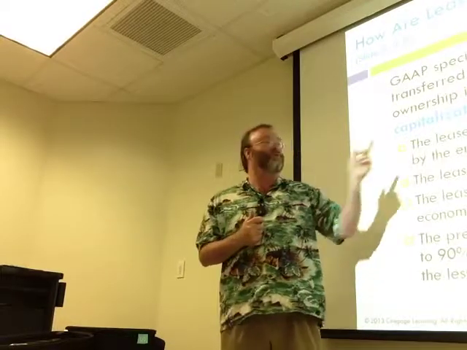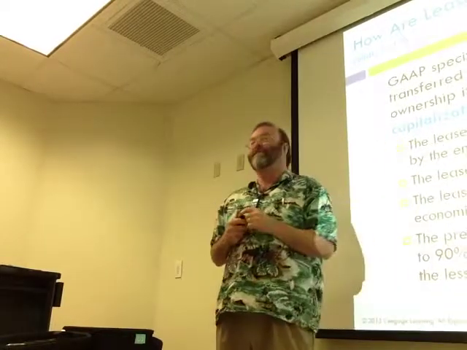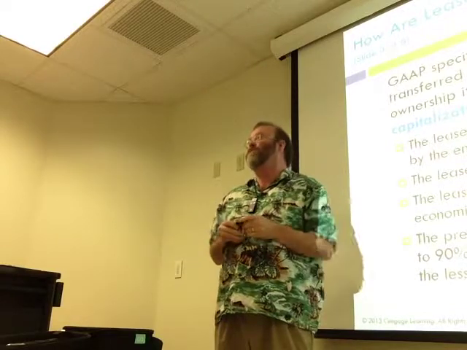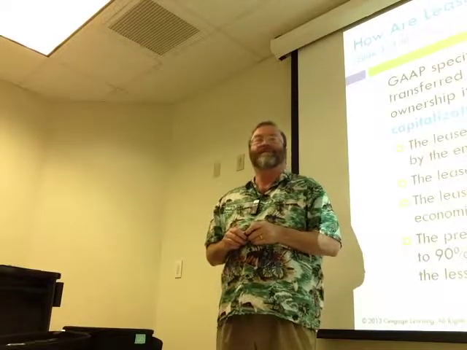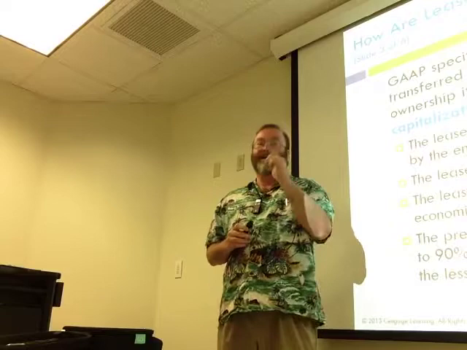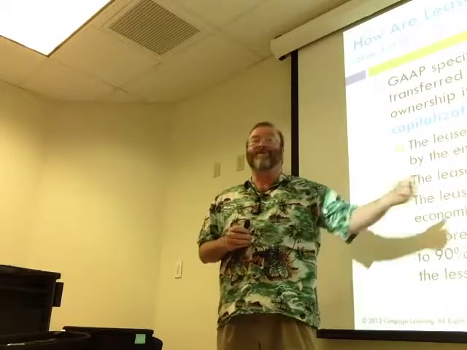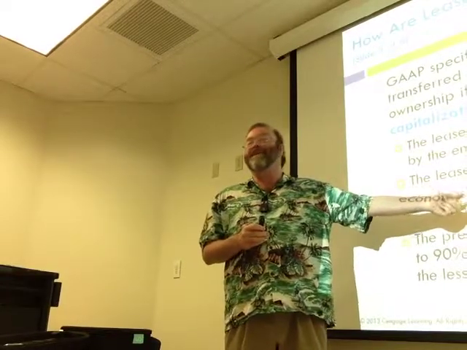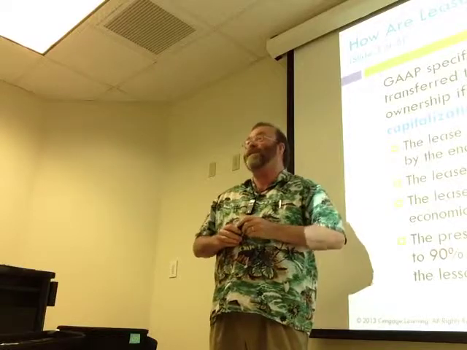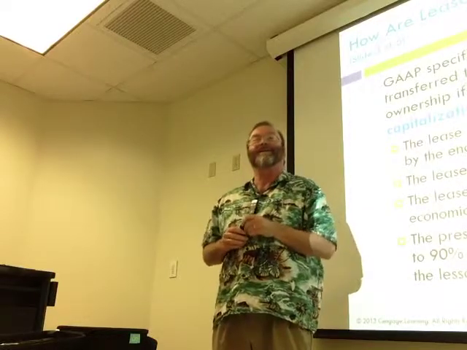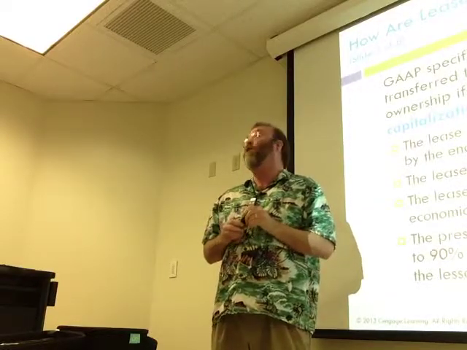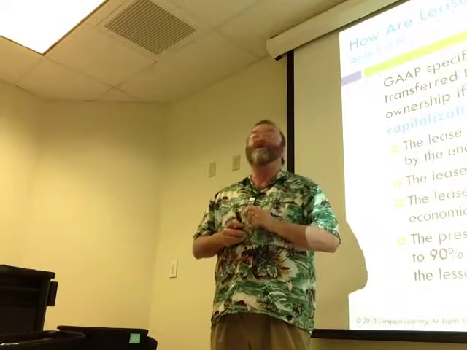And oftentimes, when are you going to have this argument? With the lessor? After the fact. But who's going to first come in and tell you that you have not met one of these 4 criteria? Your auditor. And when are they going to do that?